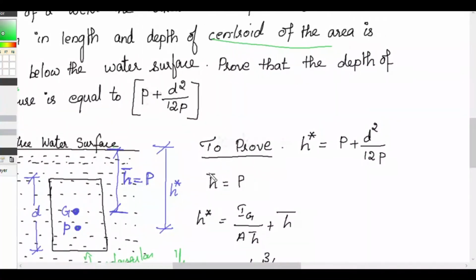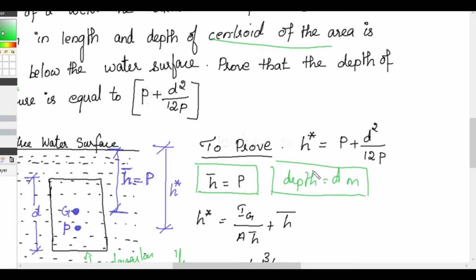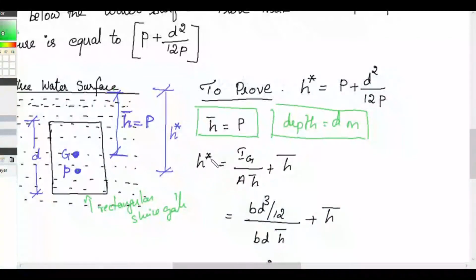The given conditions are H bar is equal to P, and the depth is equal to D meter. These are the two conditions given. Now we know the formula H star is equal to Ig by A H bar plus H bar.